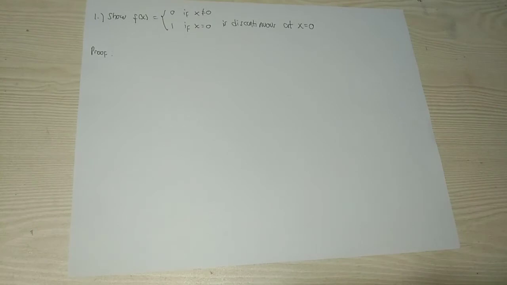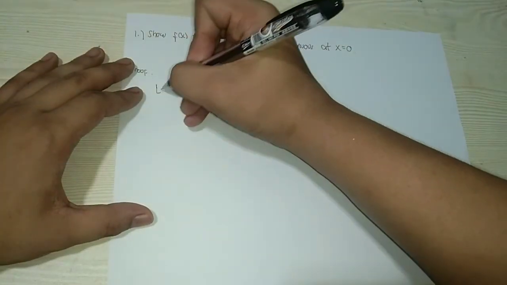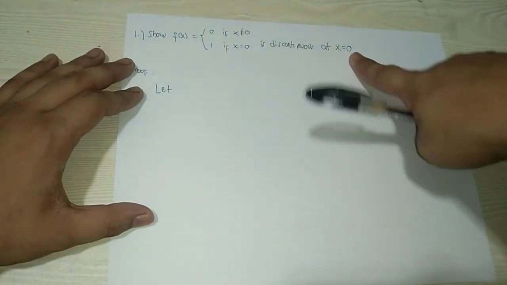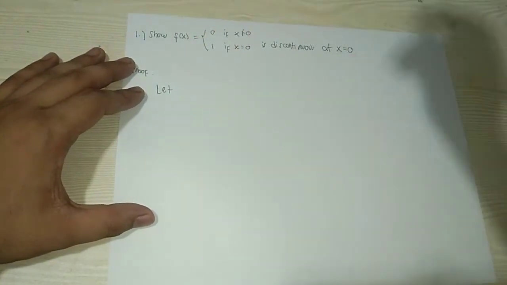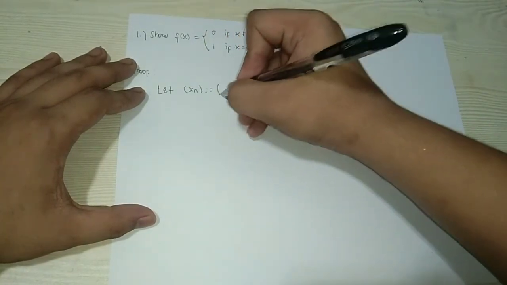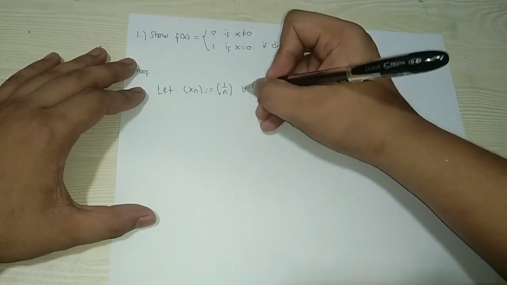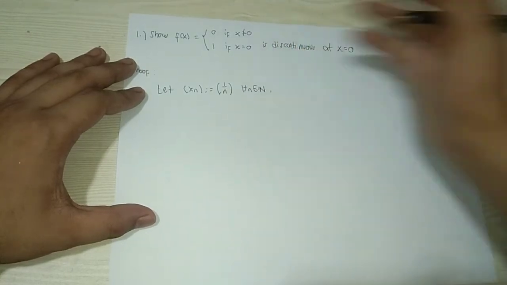So, ang unang gagawin natin, mag-provide tayo ng sequence of x sub n. So, let's say, since 0 yung pinag-uusapan nating x, so let's say, yung sequence natin is defined by 1 over n for all natural numbers n.